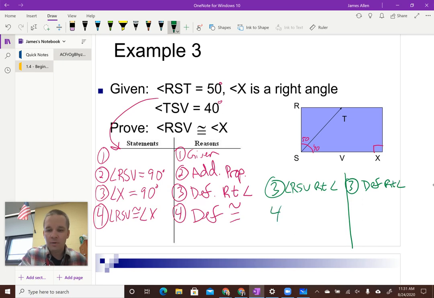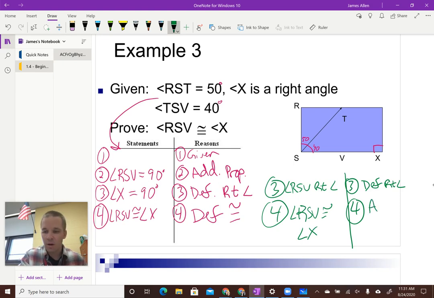But now, since RSV is a right angle and angle X is a right angle, I could say that they are congruent. But my reason would be all right angles are congruent.